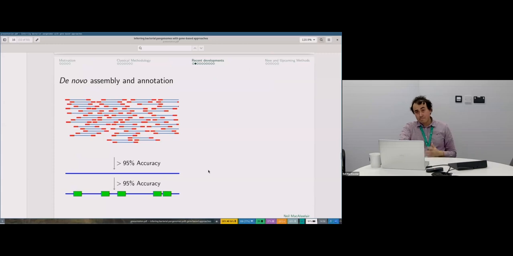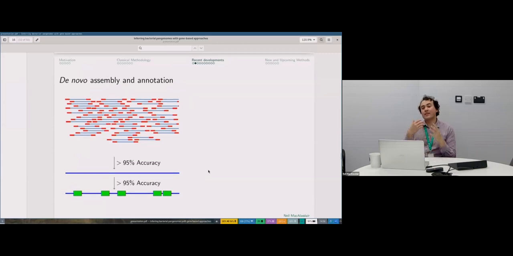What's going on? We went back and had a look at the data and what's going wrong. The biggest source of error we found was from the initial processes that we rely on. In isolation, de novo assembly has the potential to be very accurate, and annotation of those assemblies also has the potential to be very accurate, often well over 95% accuracy.